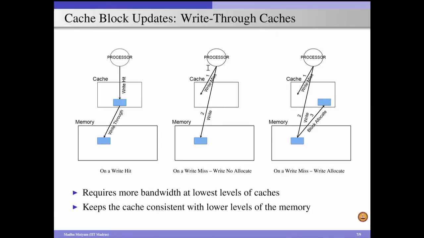So whether write through policy is efficient or not: remember, for every write you are writing to the lower levels of the memory or the cache, which takes a significant bandwidth requirement, and that is not actually good, especially when we consider a multi-core scenario where multiple cores, when they write to their caches, also try to write to the lower level of caches, and there will be a significant bandwidth requirement.